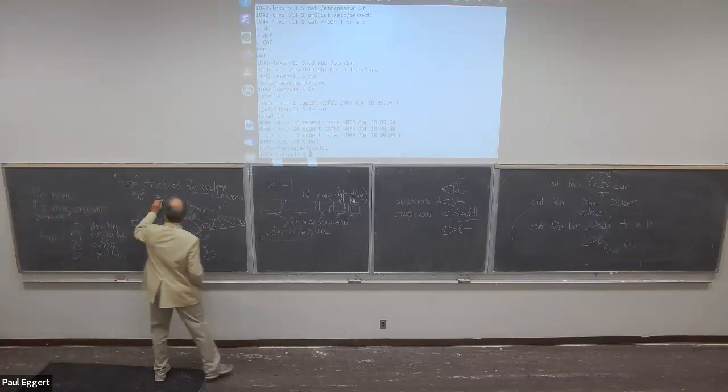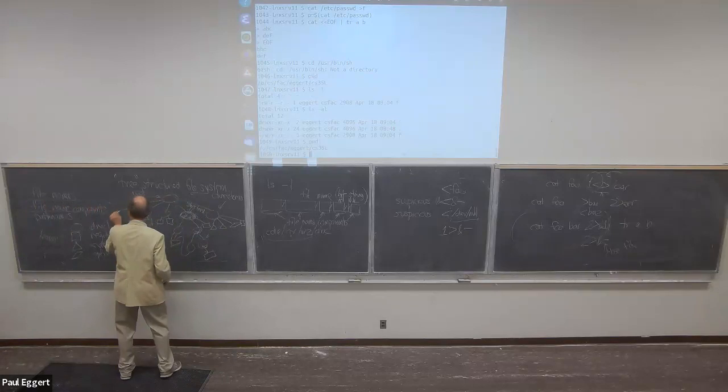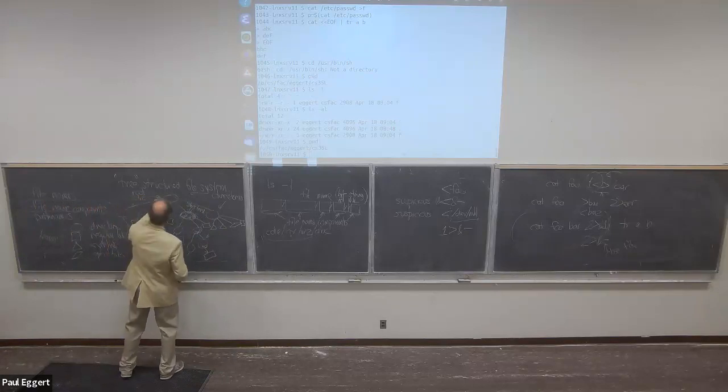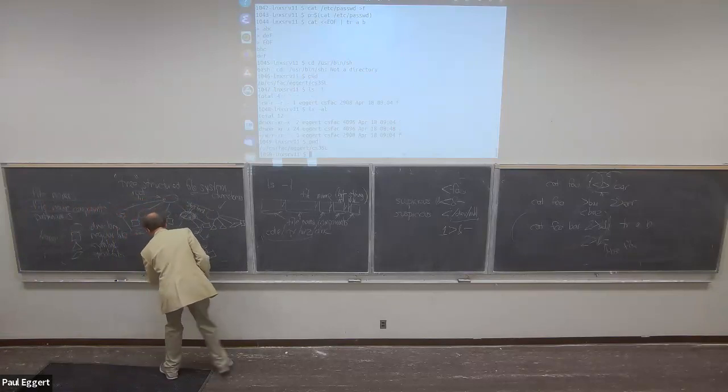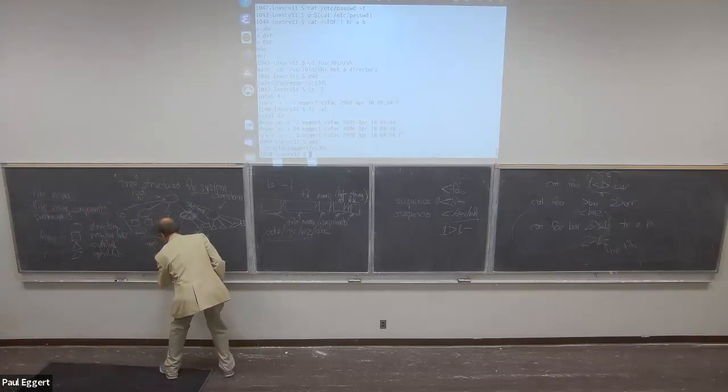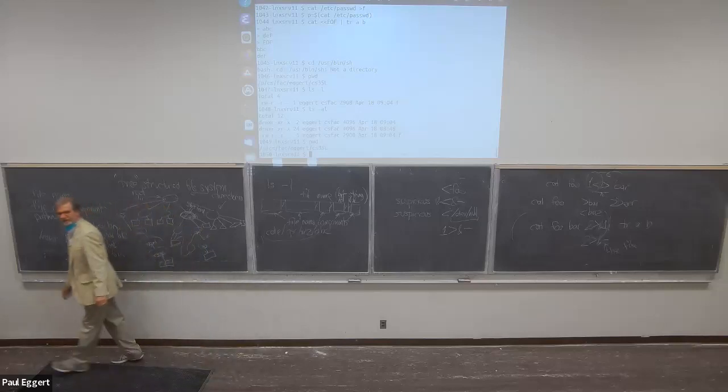Here's the root. Then there's a CS here, and a FAC here, and then an Eggert here. And then down here, there's a CS35L, and then there's a regular file F that looks like that.